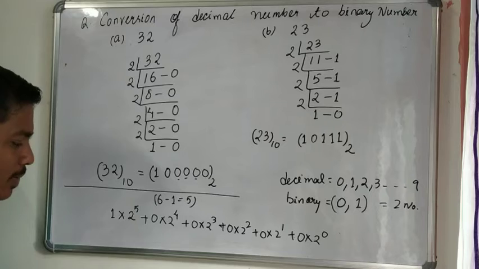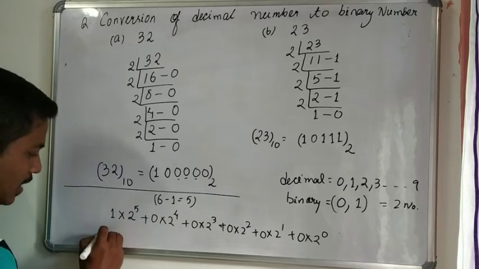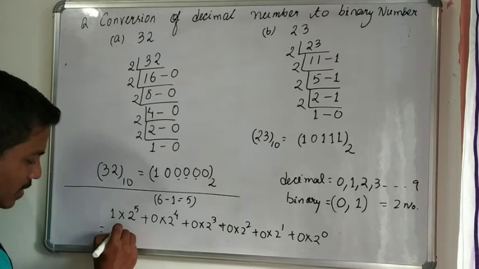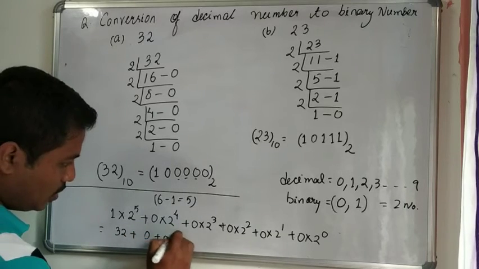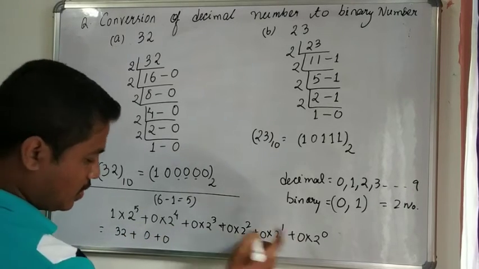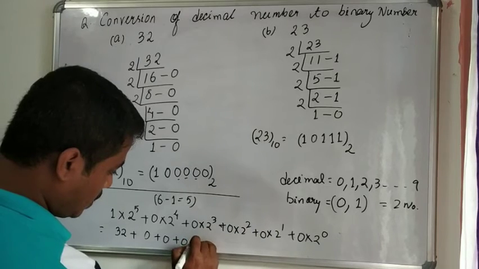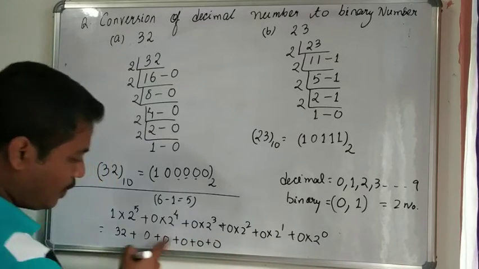In this way you have to multiply. 2 to the power 5 is 32, plus all these terms will be 0. Total 5 zeros are there.